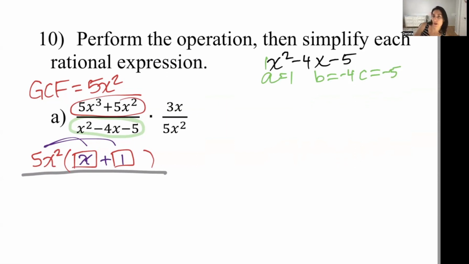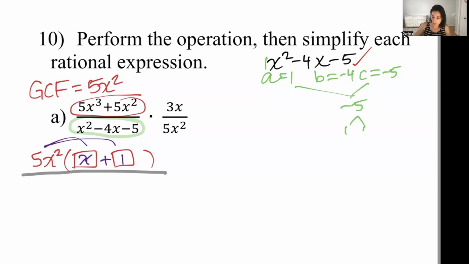So, as we did in a previous problem, the AC method uses factors of A times C. So 1 times -5 is -5. Now we're going to make a factor tree of that, and we want to see which one of those adds up to B. So factors of A times C add up to B. That rhymes, super easy to remember. So just be super careful. It is a negative number, so you want to write a very thorough list.